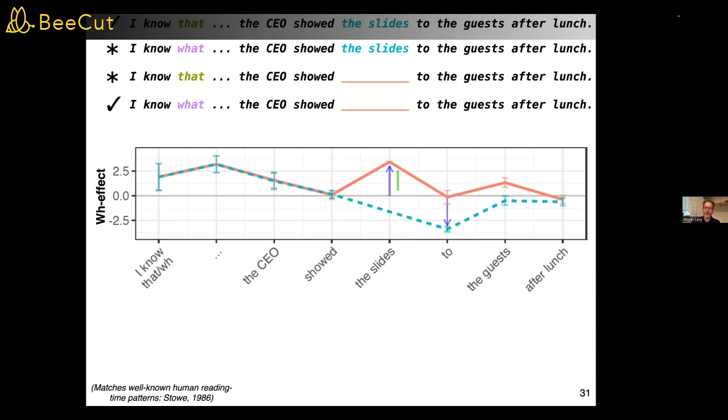You're more surprised at the object if there was no filler than if there was a filler. And if there is no object, you're less surprised at the next word if there was a filler than if there was no filler. So we call that the WH effect.